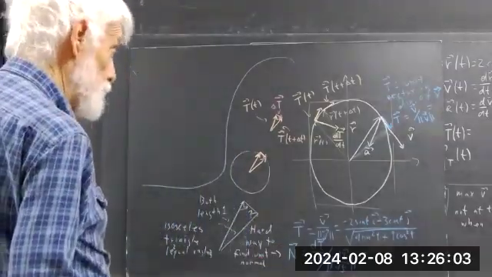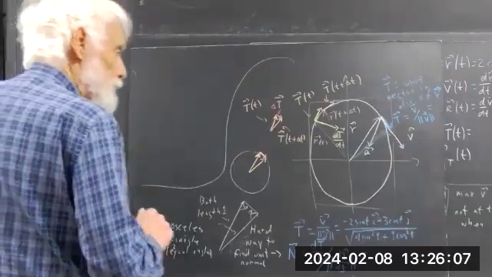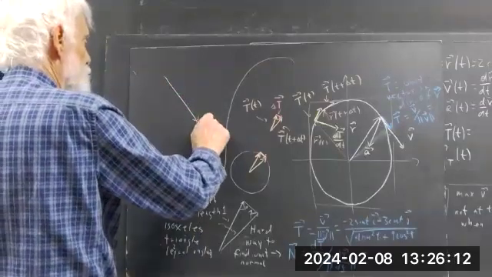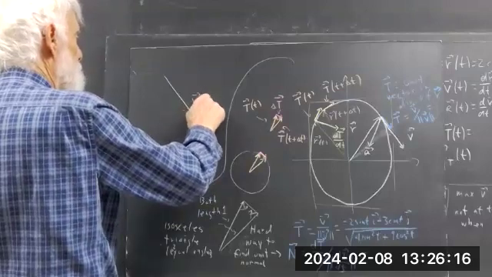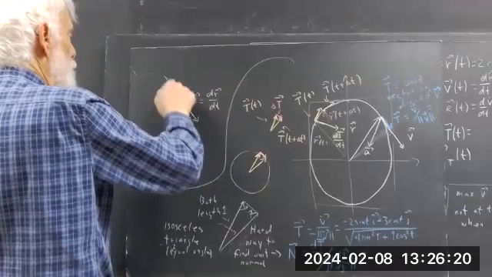There's a hard way to find the unit normal. The easy way to find the unit normal. Take your velocity vector and your acceleration.